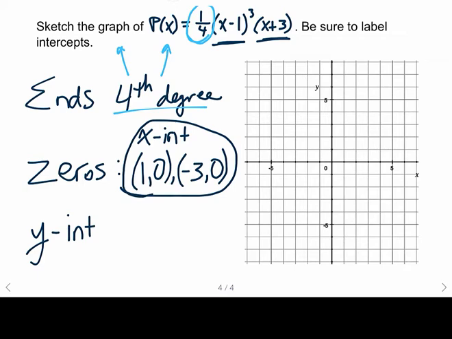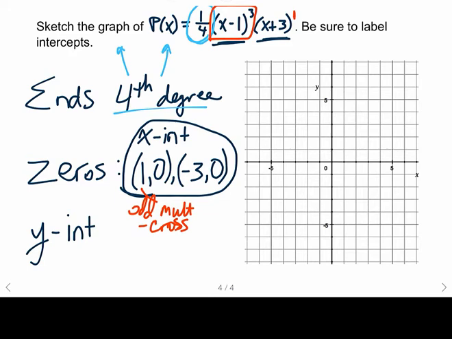Not to be confused with the degree, we're now talking about multiplicity. X minus 1 is a factor of multiplicity 3, or it appears 3 times, so x equals 1 is a zero of multiplicity 3. A zero of odd multiplicity indicates a place in the graph where we cross the x-axis. And then while we don't formally talk about the multiplicity of 1, it is odd, and so we should cross the x-axis at that location.